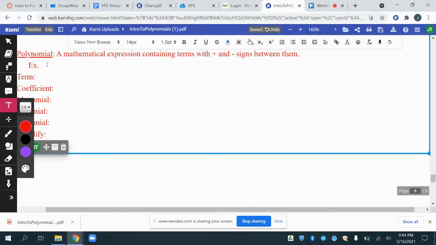Okay, so examples are 2x plus 5y minus 17. Or 15 minus 7x.